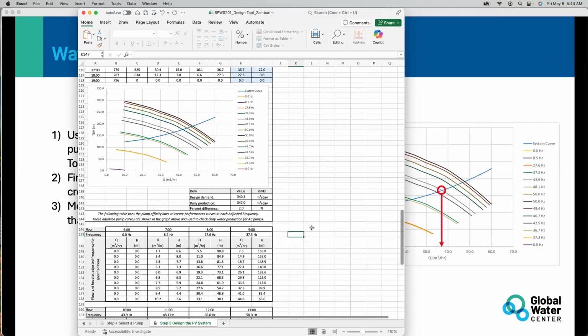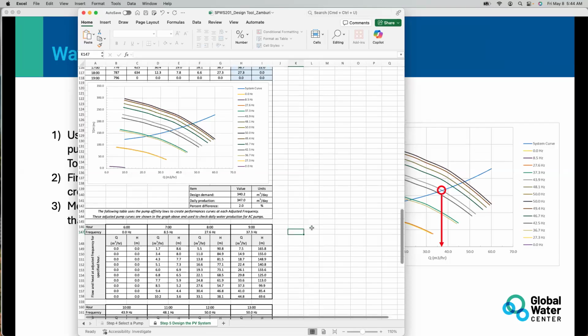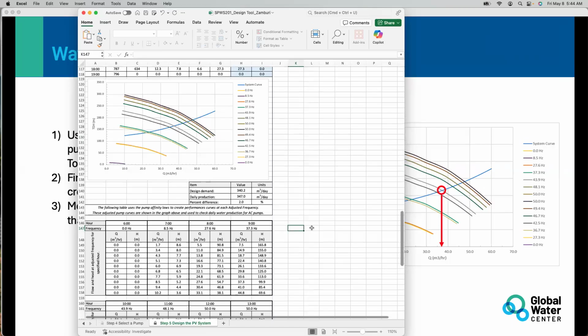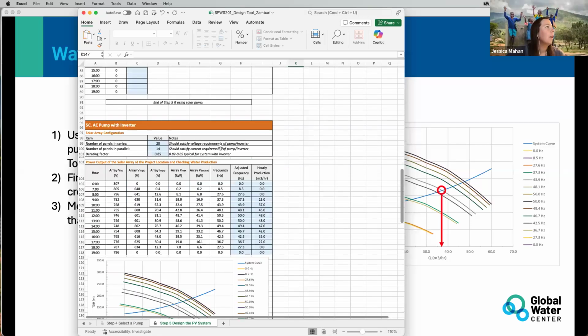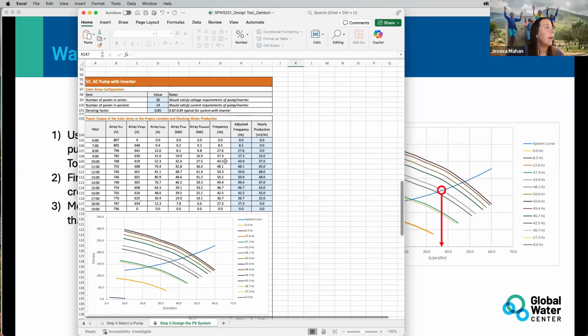Can you remind me, how do you determine the frequency intervals again? Like, where did you get the 8.5, 27.6, and so on? Good question. So those come from up here. It's one of the values that we calculate throughout the day. And so we use our power. It's one of the affinity curves as well.